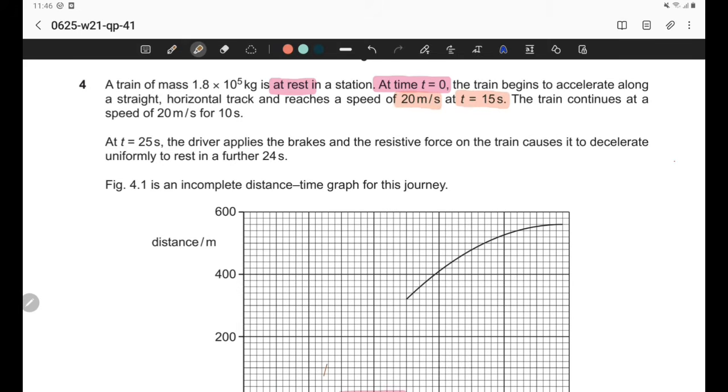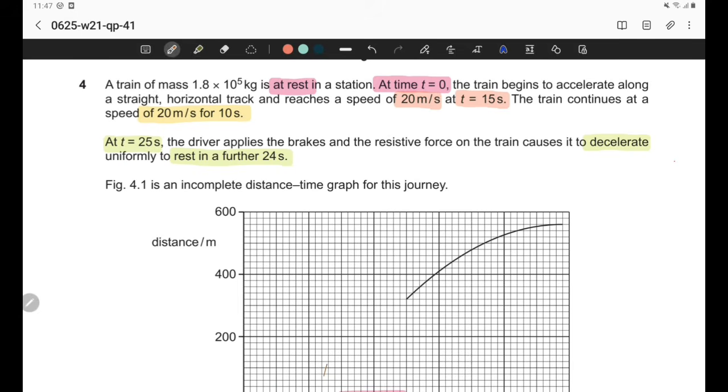The train continues at a speed of 20 meters per second for 10 seconds. At time 25 seconds, the driver applies the brakes and the resistive force on the train causes it to decelerate uniformly to rest in a further 24 seconds. Figure 4.1 is an incomplete distance time graph for this journey.